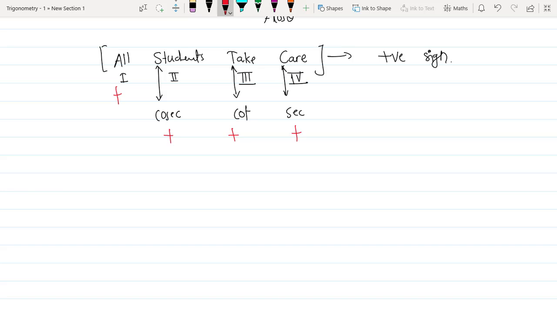Now let's have some examples so that you will get familiar with this. Let's take examples.